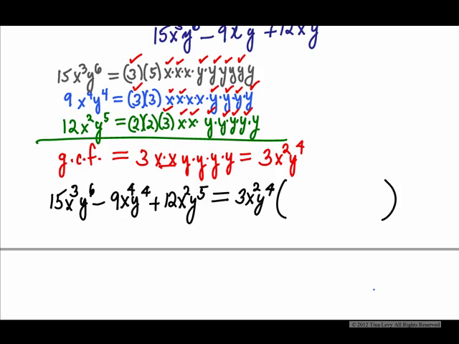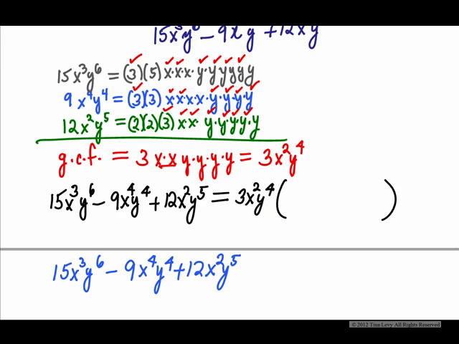So now what I do is I take each of these and divide them by that greatest common factor. So I rewrite it again. And now I'm ready to divide each of these 3 terms by the greatest common factor.